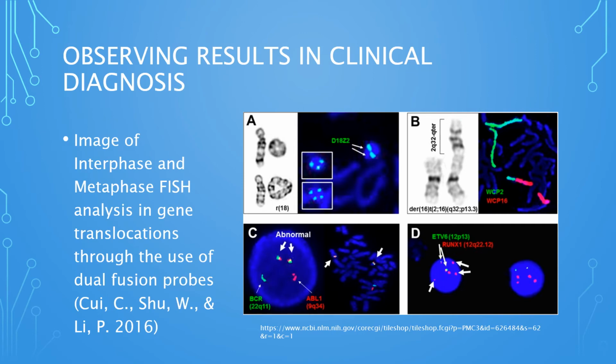In image C, you can see the image on the left is an interphase FISH image, and the image on the right is a metaphase FISH image. And in both images, you can see a translocation abnormality involving the BCR and the ABL1 genes.